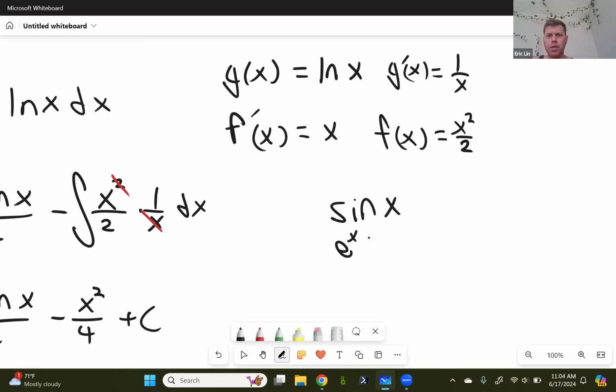This is, of course, assuming that our other piece is a polynomial or a power of x. But for natural log of x, we did have to make a strange choice. So that's something you may want to keep in mind. These are not hard and fast rules. These are just kind of like guidelines of like, hey, when you see this product inside your integral, here's some things you can expect.